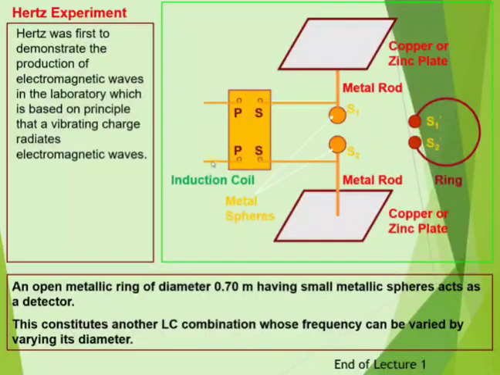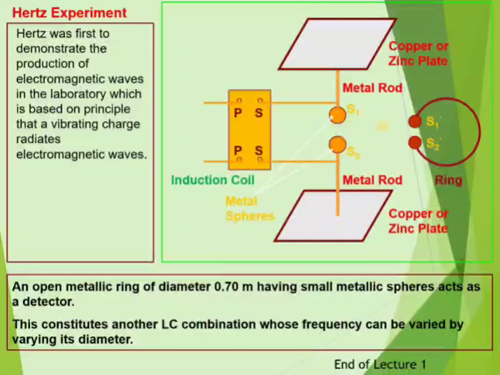Every time the current in the primary circuit of the induction coil is interrupted, a large potential difference is set up across these S1 and S2, and these metal plates get charged. The high potential difference ionizes the air gap and makes the gap conducting.